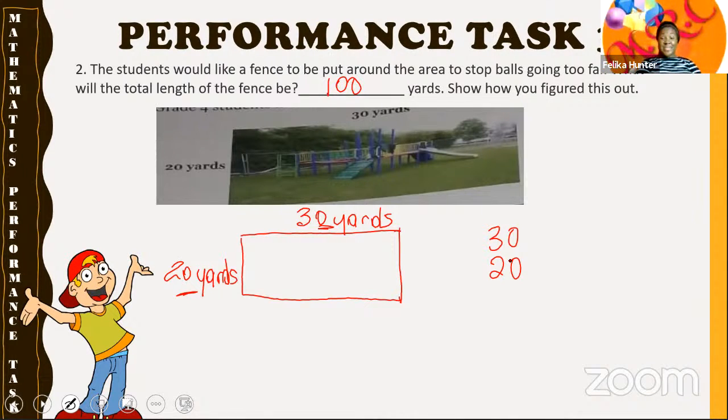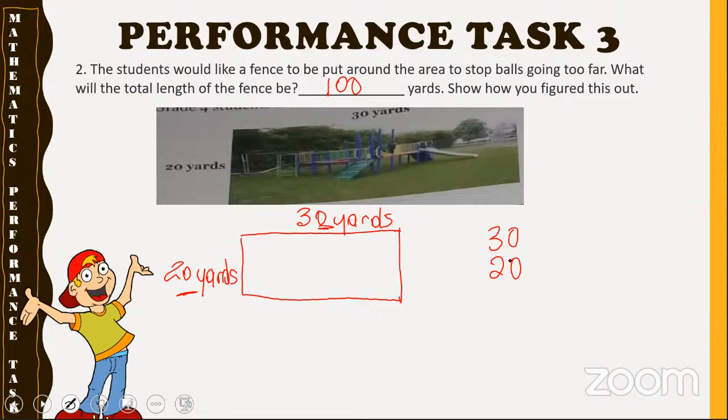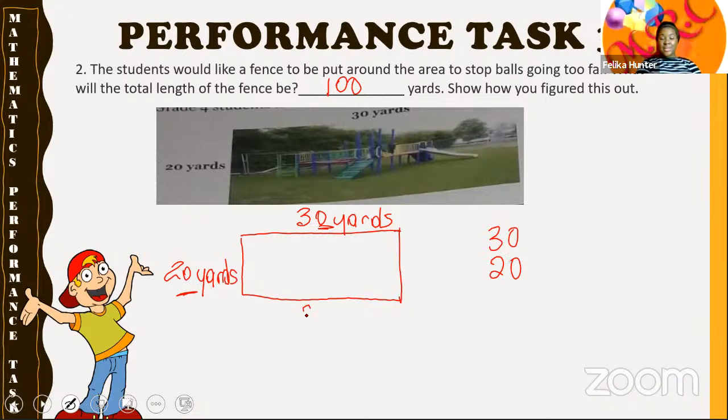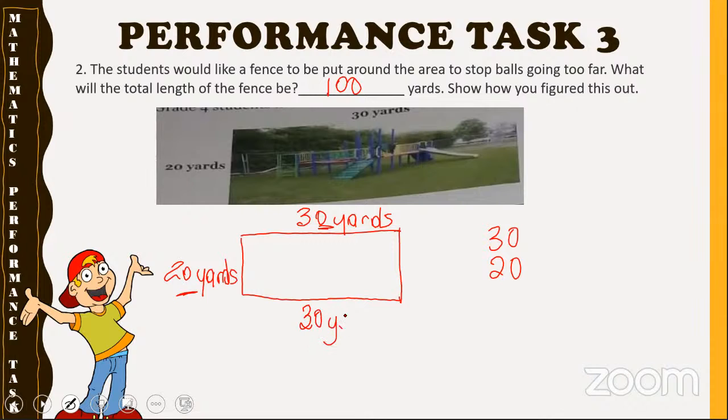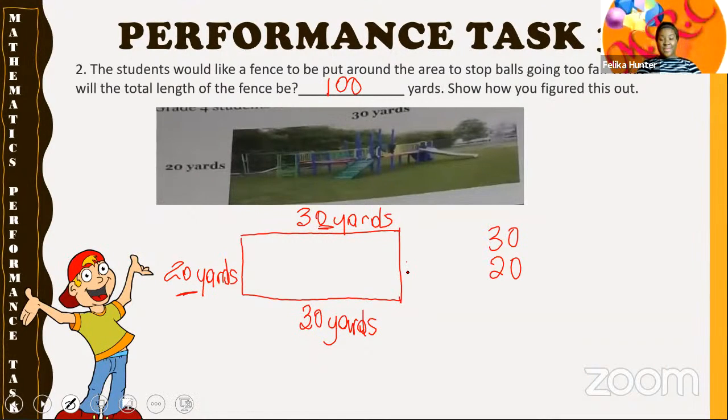All right, so Shanice said that the sides are equal. So Sahari, were you adding something? Yes, miss. You would do that with area, but when you're doing the perimeter, if you have 30 at the top, you have 30 at the bottom, and if you had 20 at the side, you will have 20 at the other side.